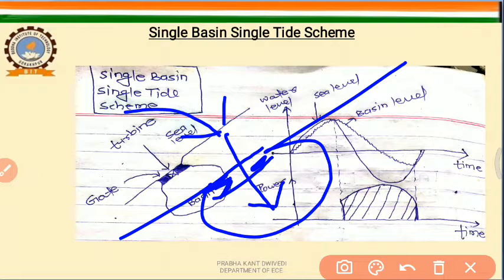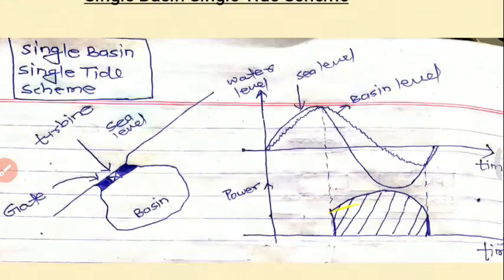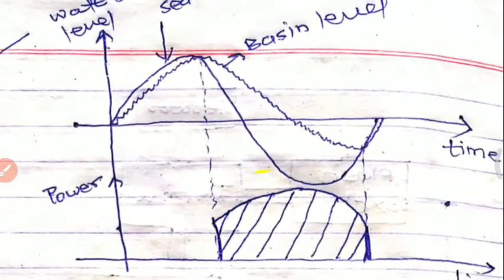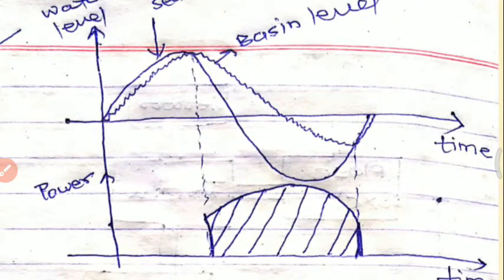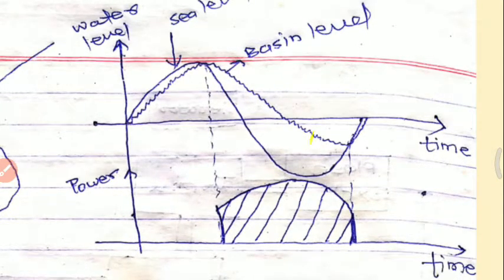So in this way, if we see the total working through a graphical representation, we will see here the water level of the ocean and the water level of the basin. The solid line shows the water level of the sea, and the zigzag line shows the water level of the basin.